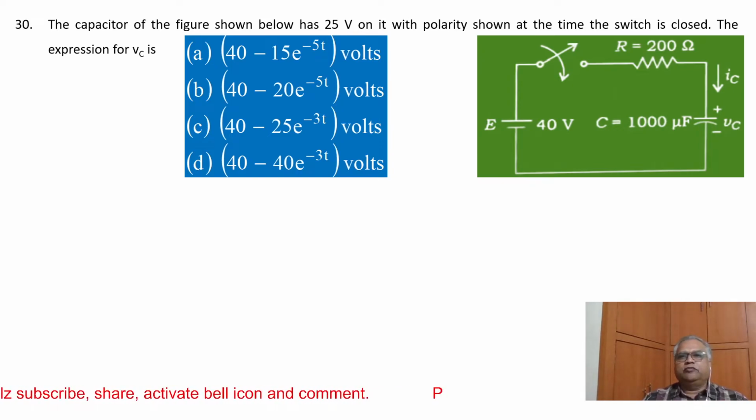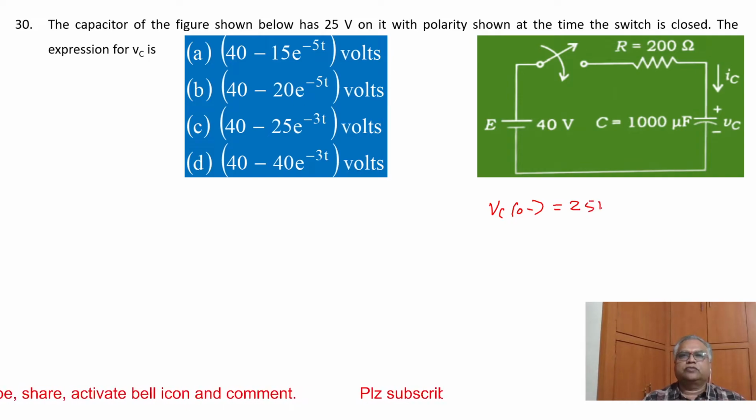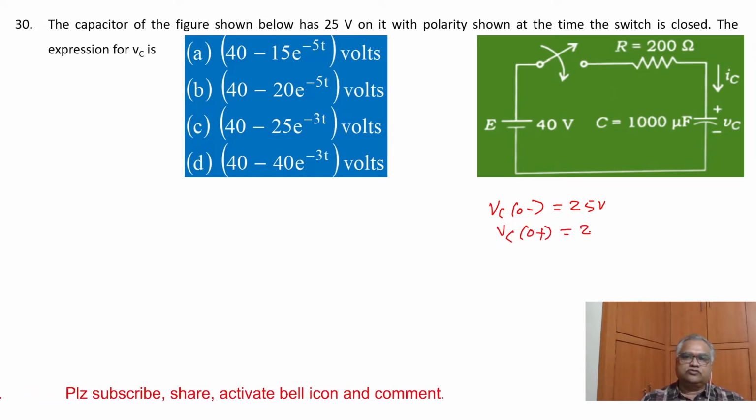This is another problem, again on first order. A capacitor, as shown in the figure below, has 25 volts on it with the polarity shown at the time the switch is closed. What is given? Vc0 minus is given as 25 volts. The expression for Vc of t is asked. And obviously Vc0 plus is 25 volts.